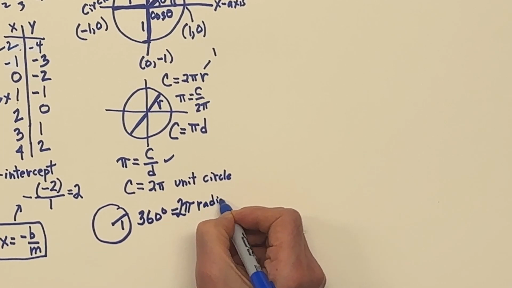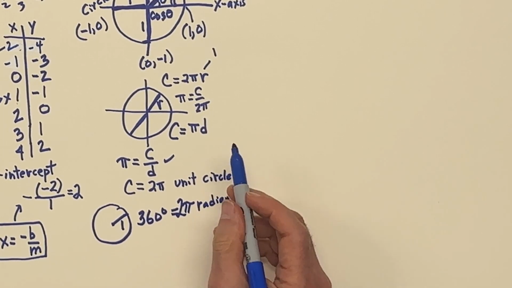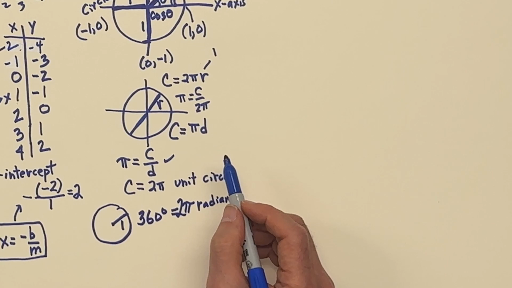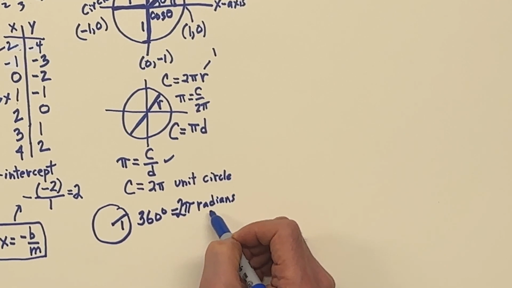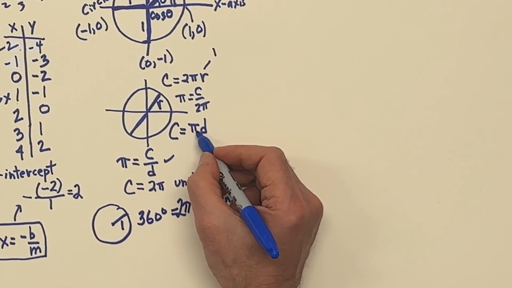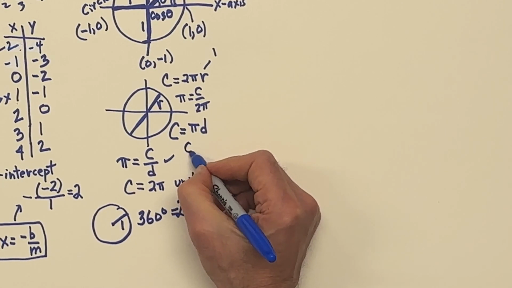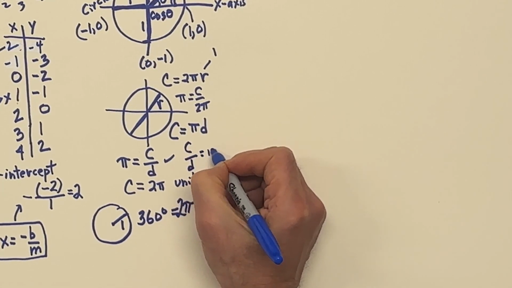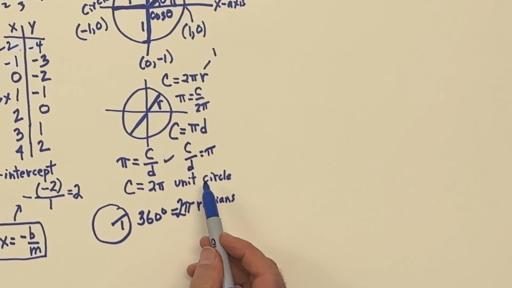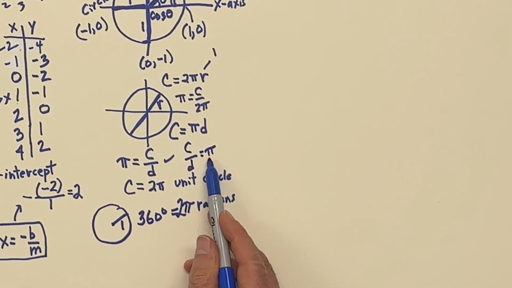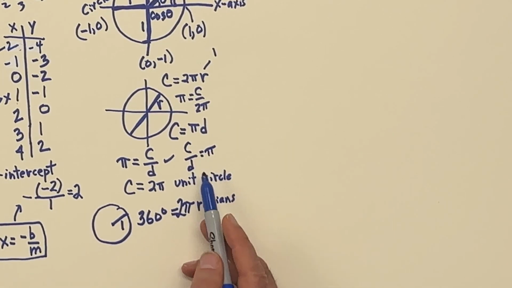Now, technically, radians would not really be a unit, because if you look at pi, for example, you take C divided by D and you get pi. That is dimensionless. There are no units.